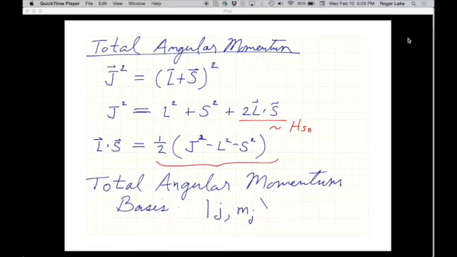So the total angular momentum is J. Maybe this is the way to say it: the operator J squared acting on my total angular momentum state is equal to... I guess this doesn't really define it well either.